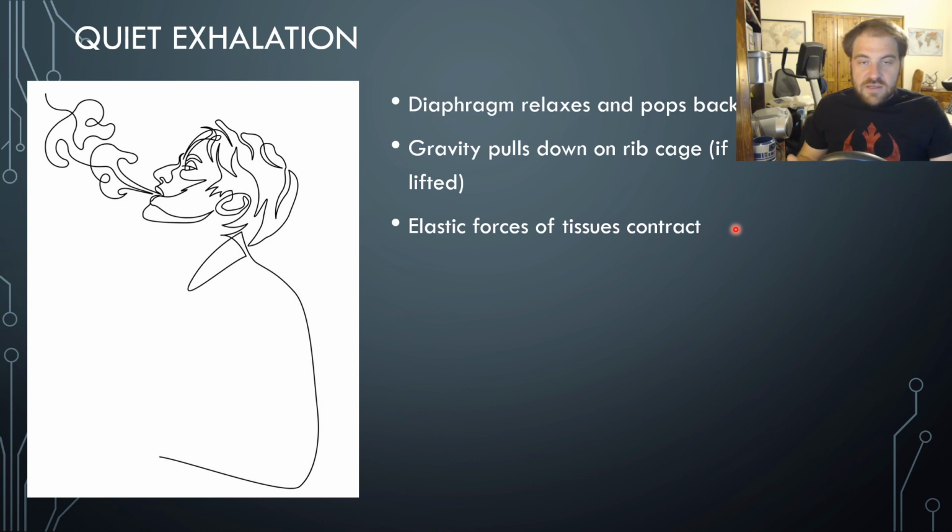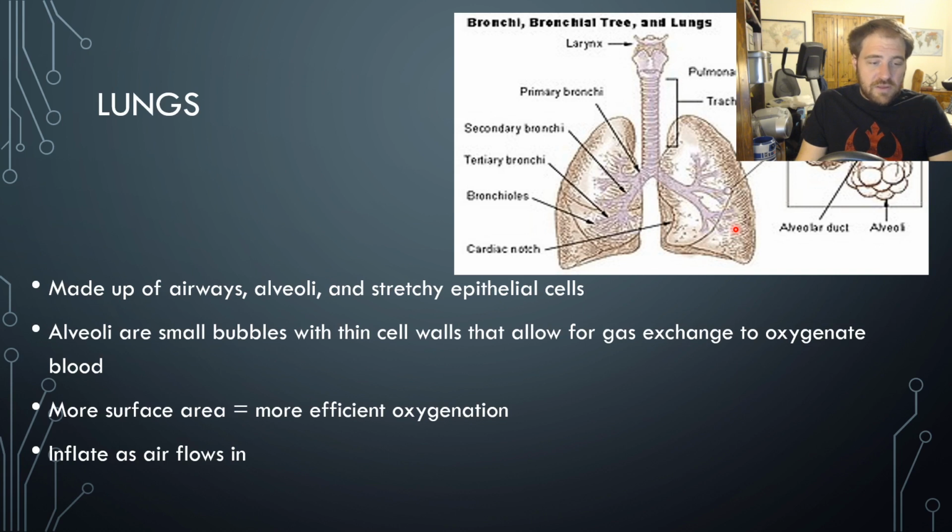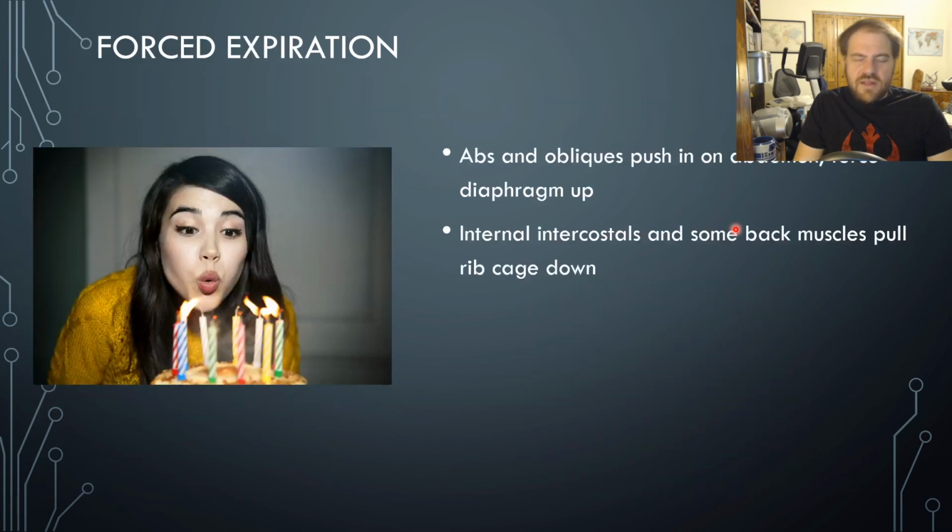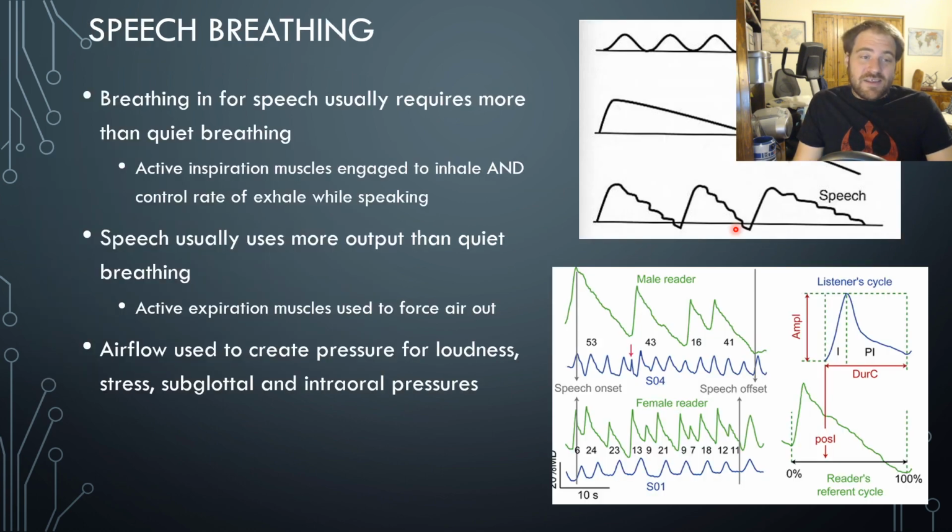So there's elastic forces of the diaphragm popping back up when it's relaxed, and there's gravity. These are all passive forces that aid in breathing. Let's not talk about the lungs really. They're really interesting, but it's not necessary for speech. If you take anatomy and physiology with me, we will talk about the lungs a lot, and you'll get that then too.